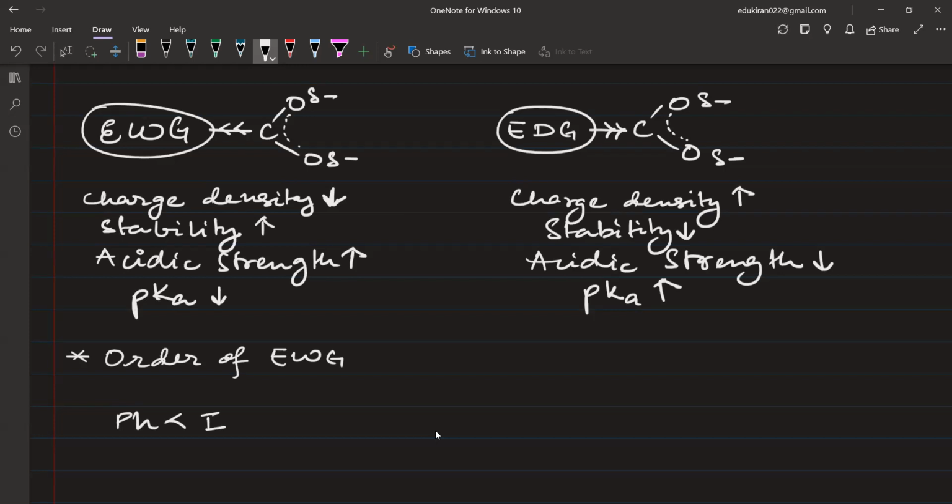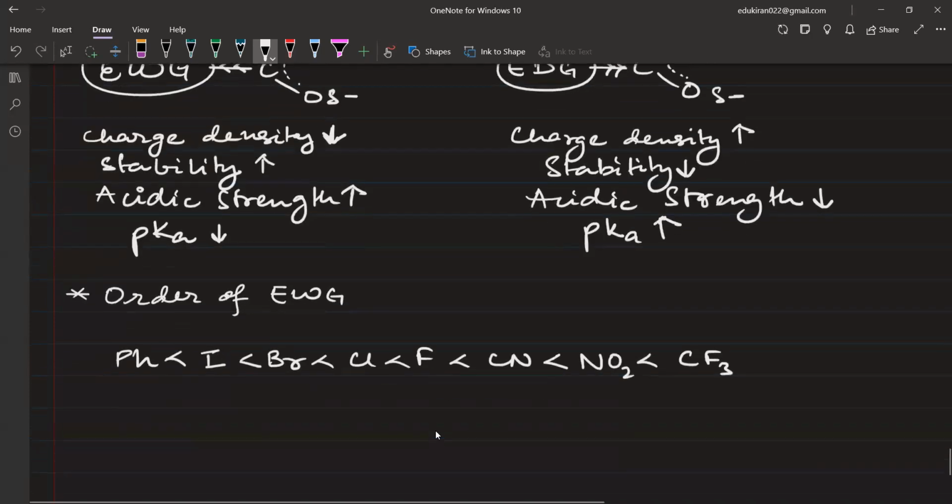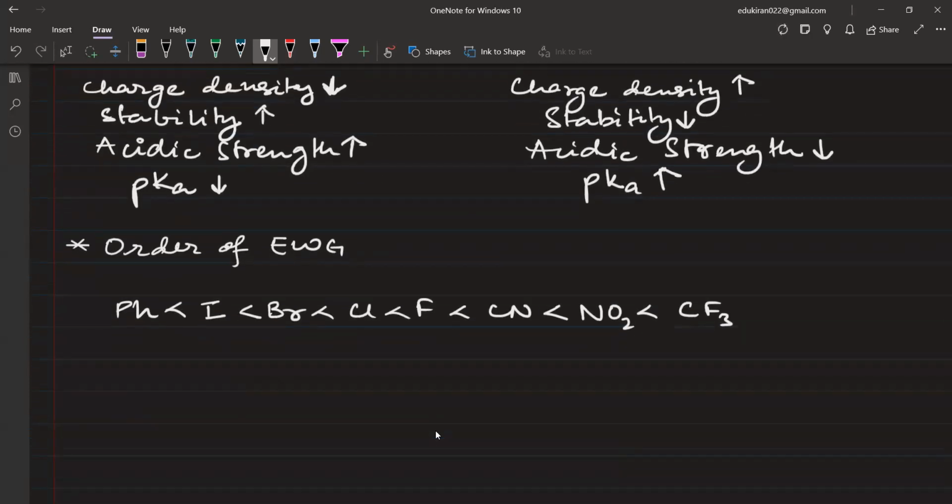After that you have iodine which is higher than benzene, then you have Br, then you have chlorine, then you have fluorine, then you have nitrile group. After that you have NO2 followed by CF3. Okay, so if CF3 is attached, then it is the most acidic carboxylic acid.